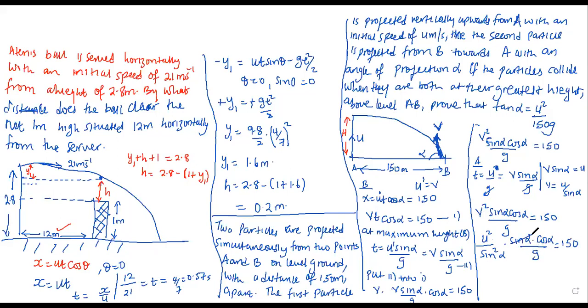I can divide by sine alpha, I lose one sine. Then it will give me u squared over g tan of alpha is equal to 50. So finally, tan of alpha is u squared over 150g.